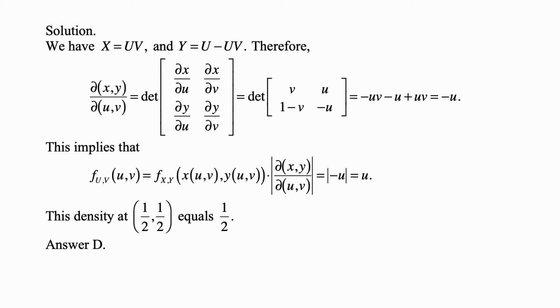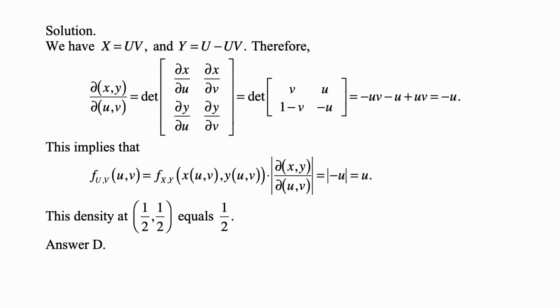So this implies that f sub uv of uv is equal to f sub xy evaluated at x that corresponds to uv and y that corresponds to uv, times the absolute value of that minus u, the expression we just calculated. But the joint distribution of x and y is uniform on the unit square, 0, 1 by 0, 1.